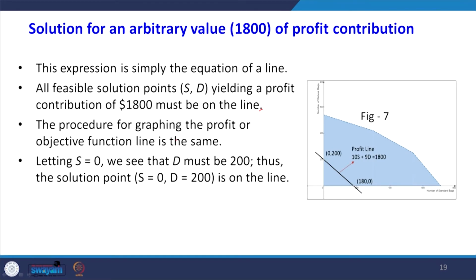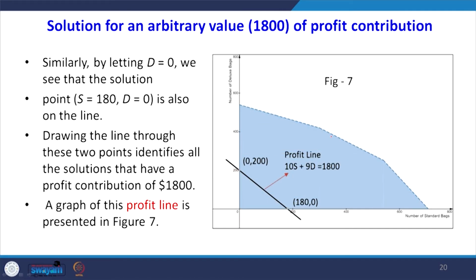The procedure for graphing the profit or objective function line is the same as I explained previously. So, when you substitute S equal to 0, D will be 200. So we got one point, 0 comma 200. Similarly, when you substitute D equal to 0, you will get another point, 180.